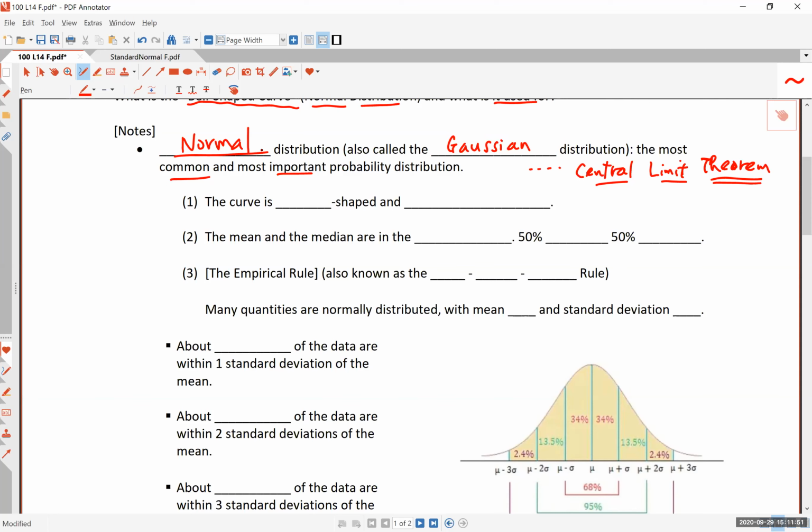All right, so the curve is, like I said, bell-shaped. And what's very important here is that it is symmetric. Symmetric means that the right-hand side and the left-hand side look exactly the same. Here's the right-hand side and here's the left-hand side. The mean and the median are all in the same place. Where is it? It's right in the middle. And so there is 50% below and 50% above the mean.